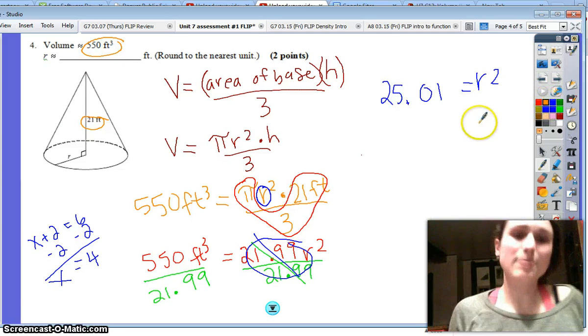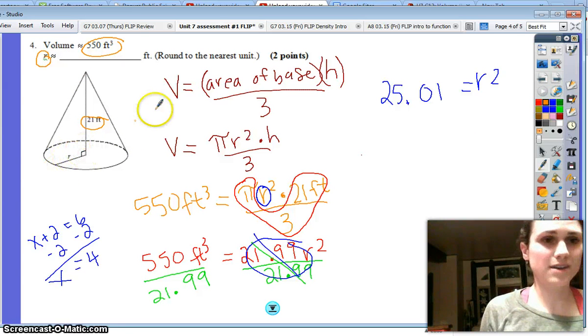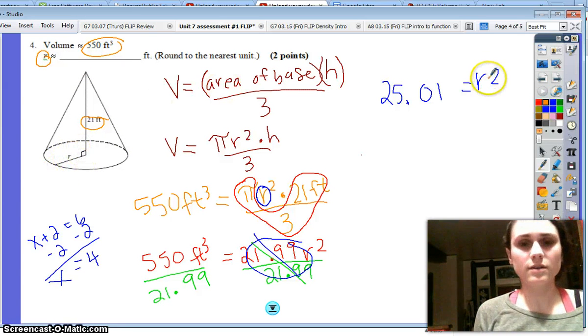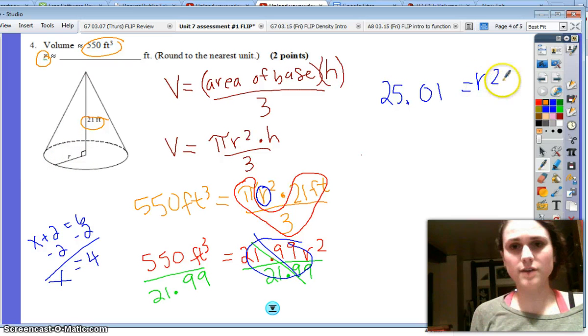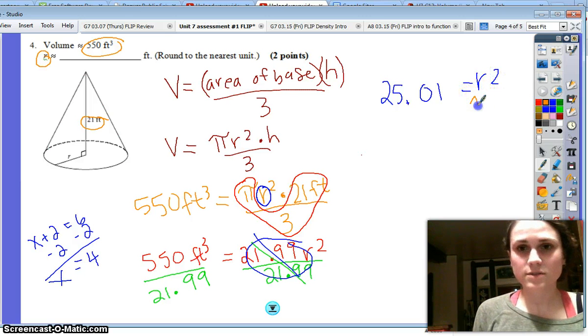Now my problem is asking me to find the radius of this cone, not the radius squared. So again, I need to perform the inverse operation in order to isolate this variable. r is being squared, and the inverse of squaring is to take the square root. So I'm going to take the square root of r squared to find r.